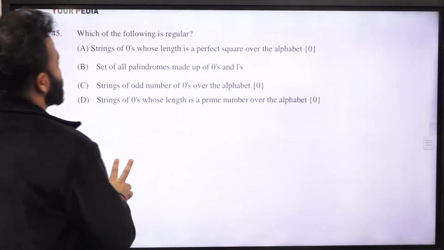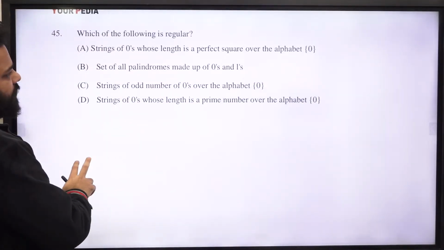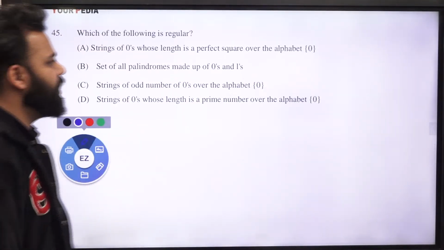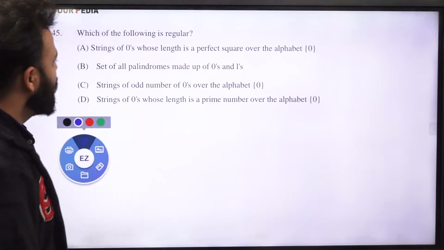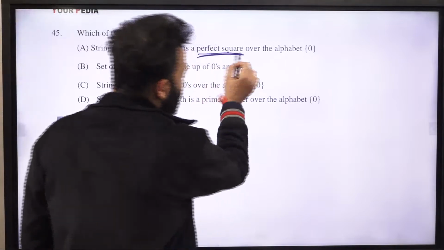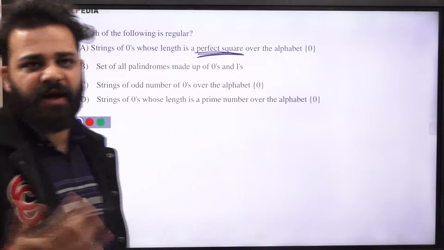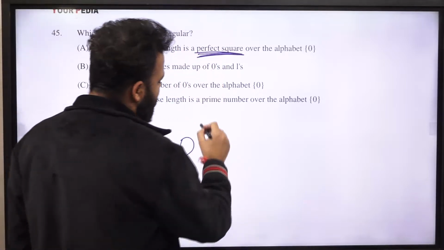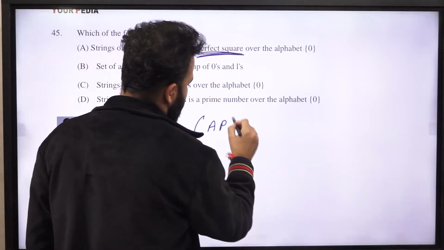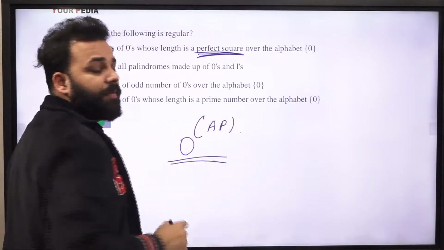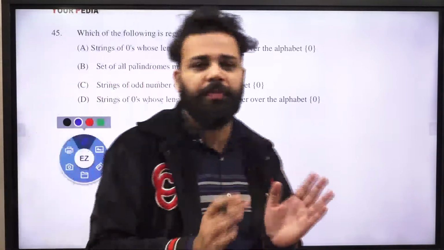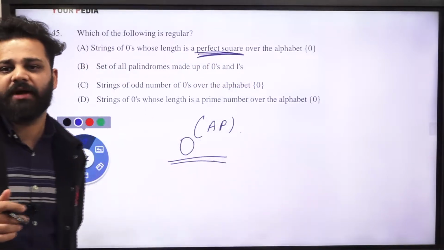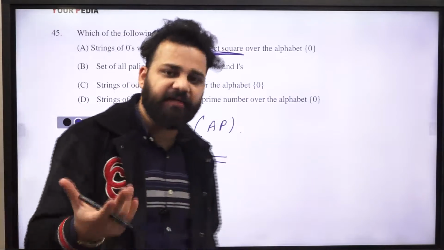Which of the following is regular? Strings of 0 whose length is a perfect square over the alphabet. If you are trying to find a perfect square, when the power of 0 is a perfect square, the powers will not be in AP. If the powers are not in AP, we cannot find a loop, which is what finite automata do, because finite automata has finite memory.